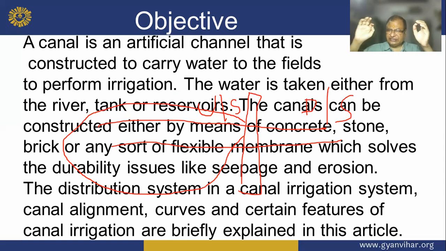So it means the reservoir is situated upstream of the dam. And what is the downstream of the dam? The river, the actual river that is running.